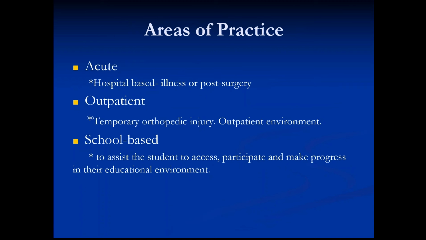Outpatient, a child might require outpatient PT services when he or she has sustained a temporary orthopedic injury, or if a child has decreased strength, decreased balance, or decreased range of motion that impacts their overall gross motor skills and or their ability to keep up with their family members or peers. With the neuromuscular disease, the affected children will have these impairments long term, so the goal is to help the child manage their symptoms and become autonomous with managing them.